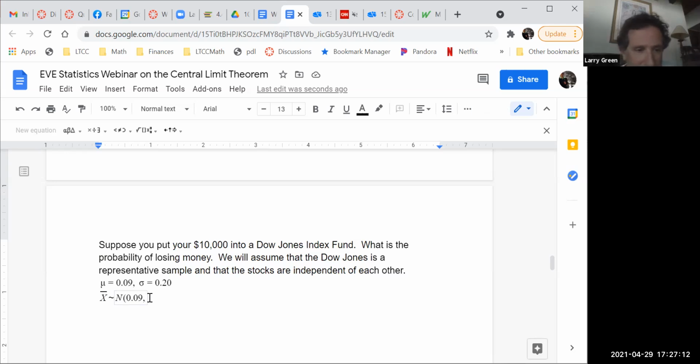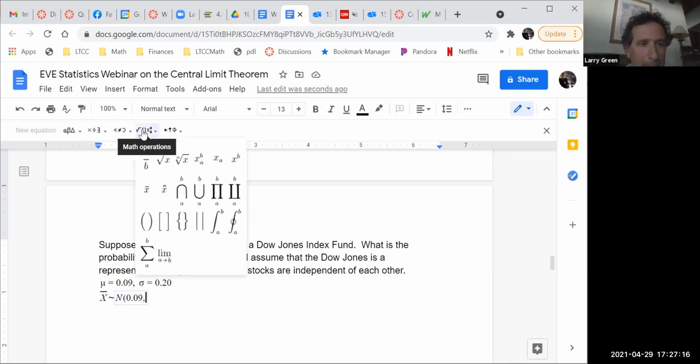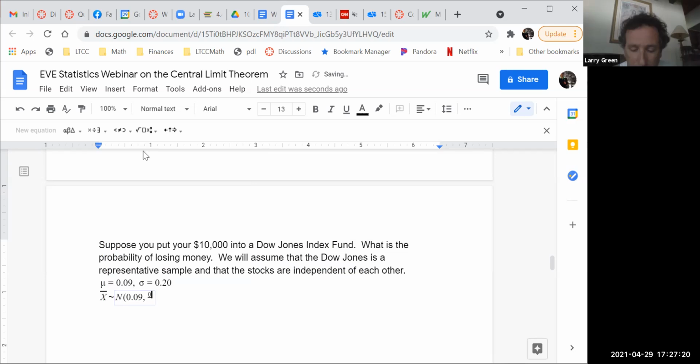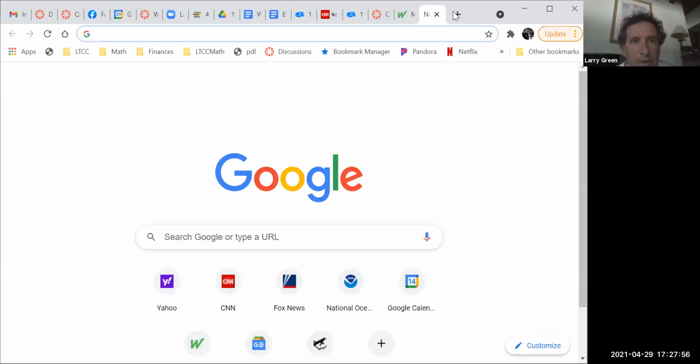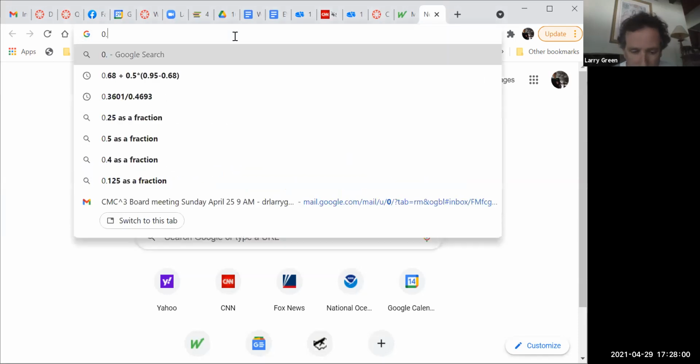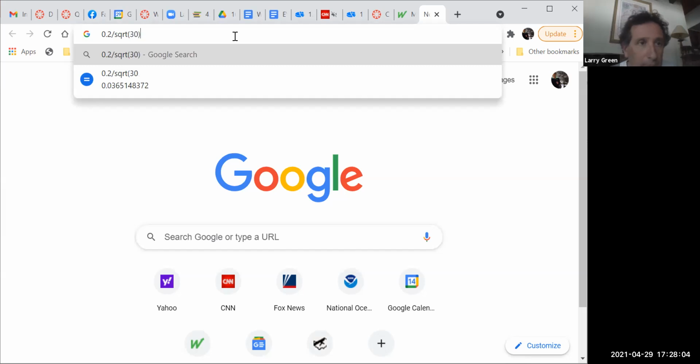On the other hand, the standard deviation of the sampling distribution is equal to sigma, which is 0.20, divided by the square root of the sample size, which was 30. Let's make that a little bigger because it's hard to see. And that is equal to N(0.9, ...). Now 0.2 over root 30, just throw it in Google, and you get 0.0365. It's good enough.